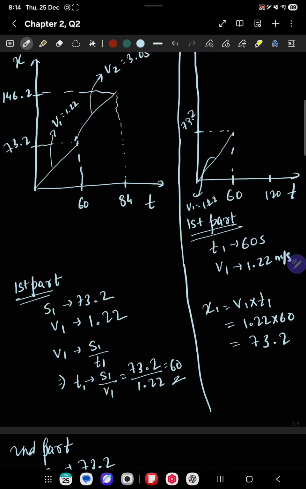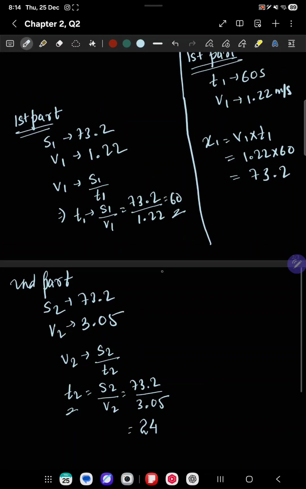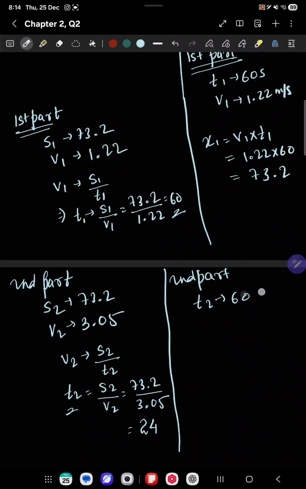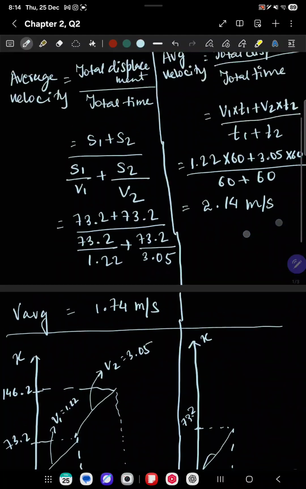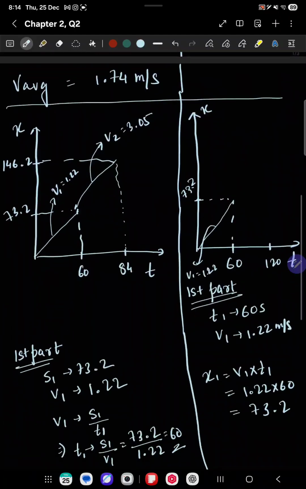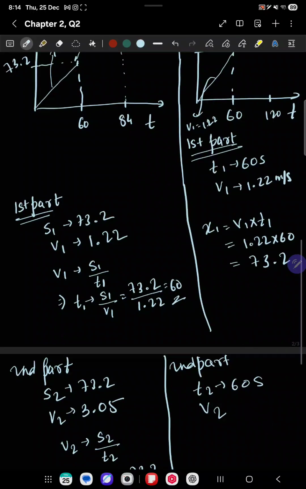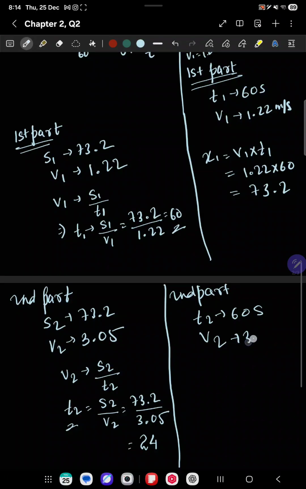Now for the second part, let me draw the second part here. Again, T2 is given as 60 seconds, and in the second part, the V2 is given as 3.05, right? 3.05.